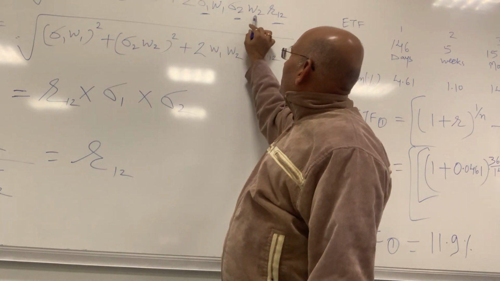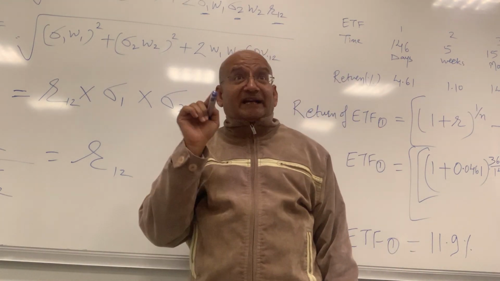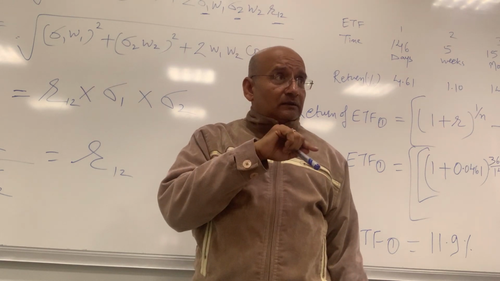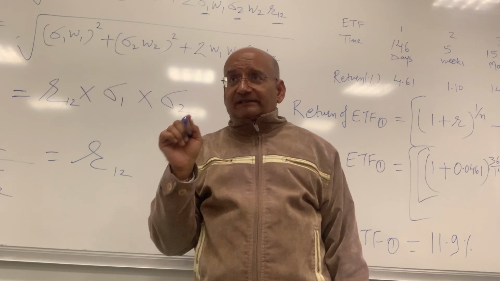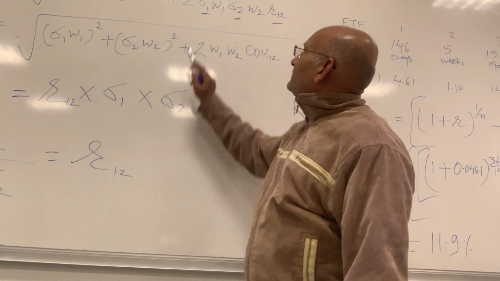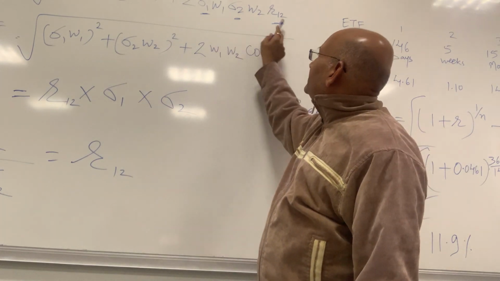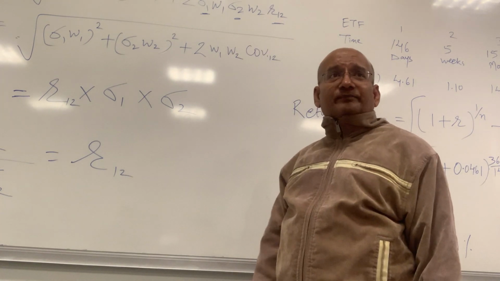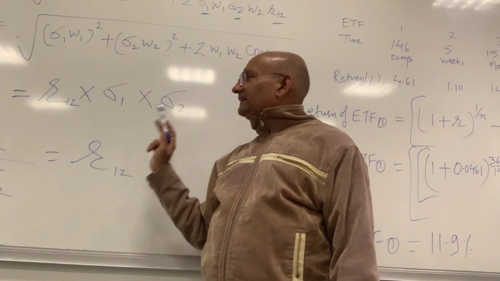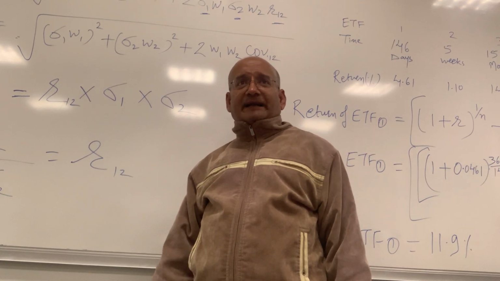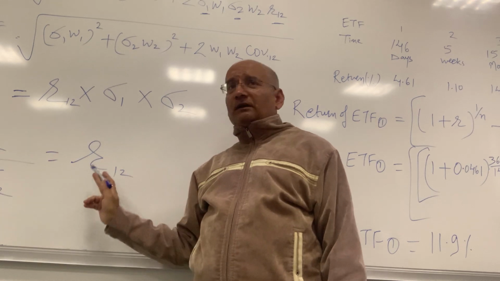All the terms I already explained. Here R12 is correlation of returns between investment 1 and investment 2. And in place of these three things, you can write covariance also, because the covariance formula is like this. So if we delete these three terms, we can write covariance directly. And with the help of this formula, you can also calculate correlation.